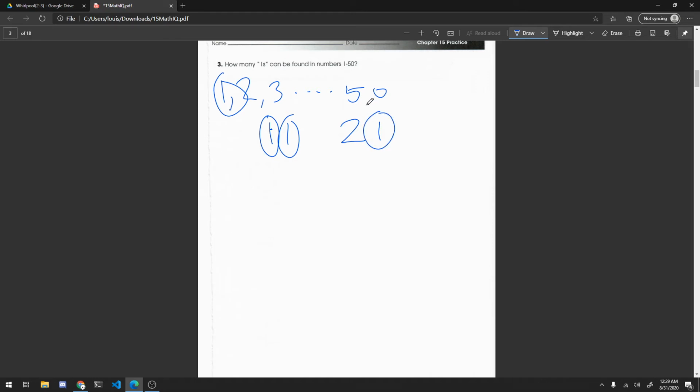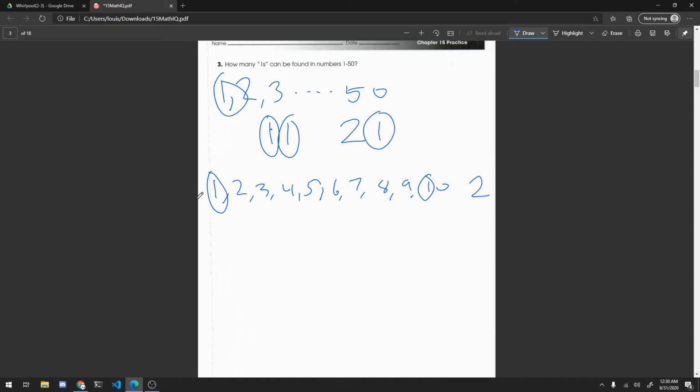So a good way to do this problem is to break it up into simple parts. So first, let's list out the numbers from 1 to 10. So here I see 2 ones. I have 1 here and 1 in 10. So I'm just going to write to the side 2.